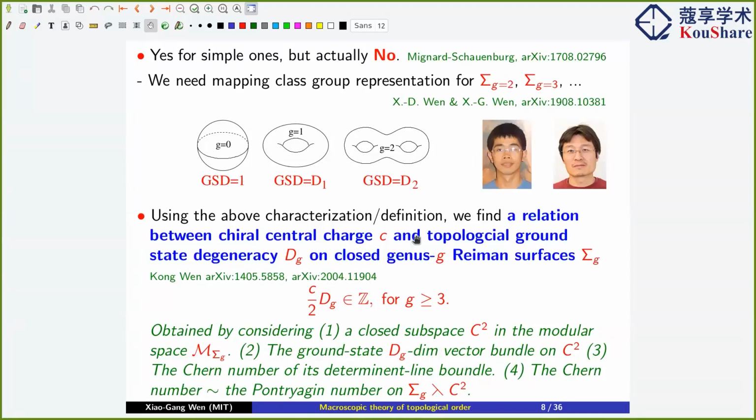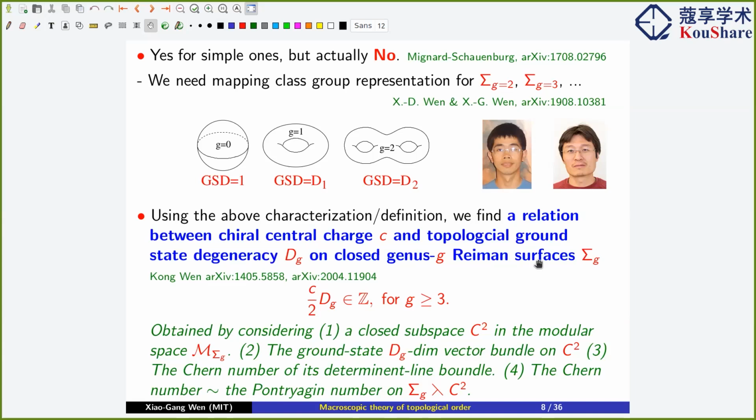So this connection between the two gives us this constraint: the C, the central charge, is Berry phase in the coupling constant space. And the DG actually is a ground degeneracy on the genus-g Riemann surface.